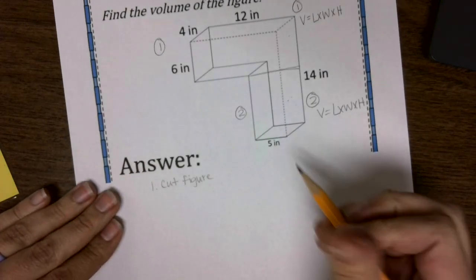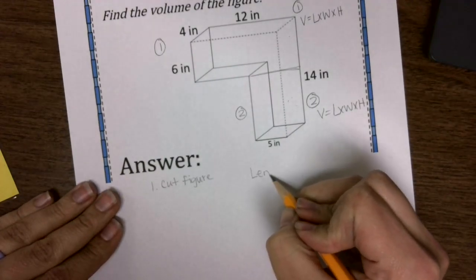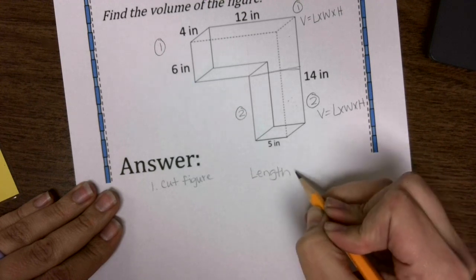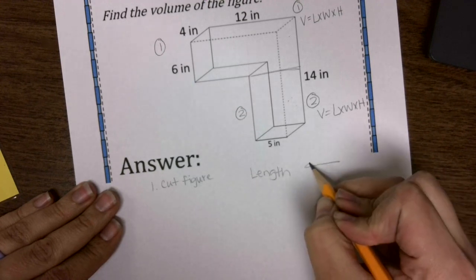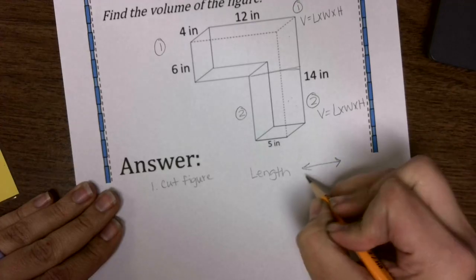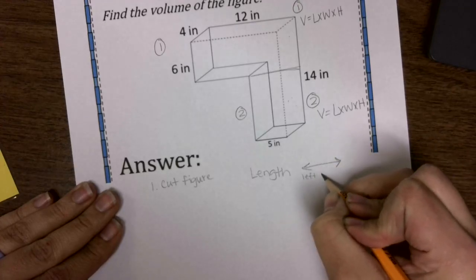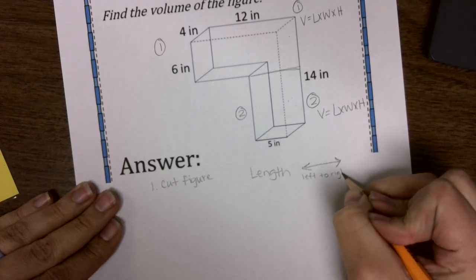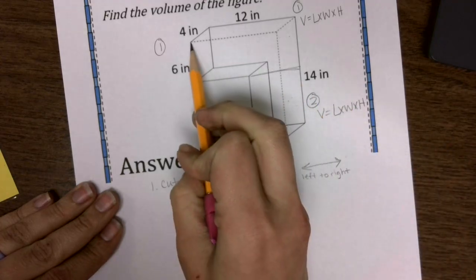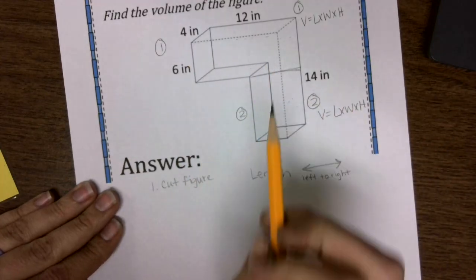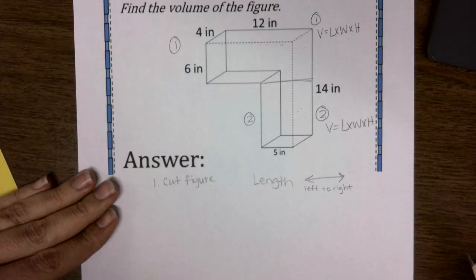I want you to remember length is side to side, or left to right. Those are things like this dotted line here, which is your length because it goes side to side.